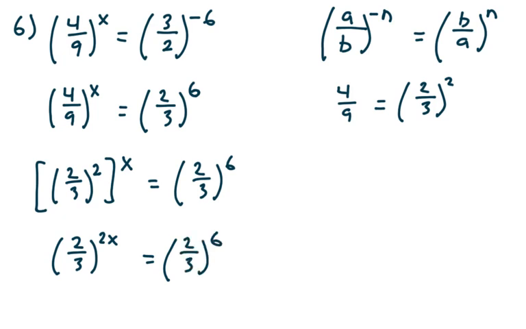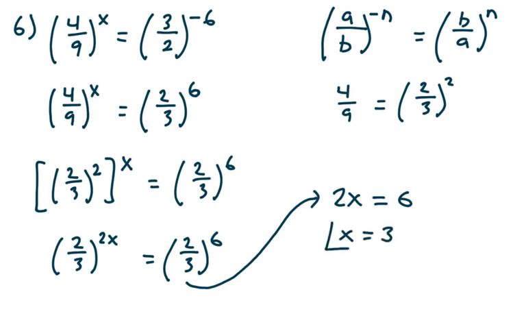Notice how we have the same base on both sides of the equation. So what that tells me is that 2x equals 6. Divide both sides by 2 and we get x equals 3. 6 divided by 2 is 3. And that's how we do example 6.